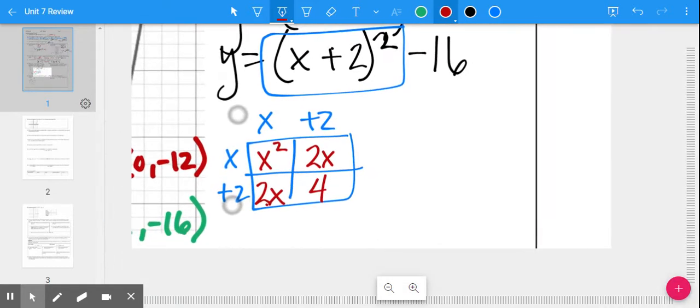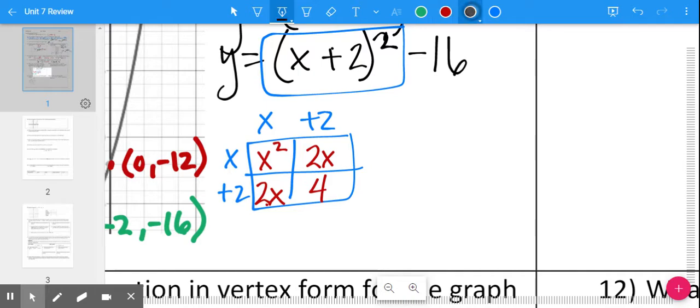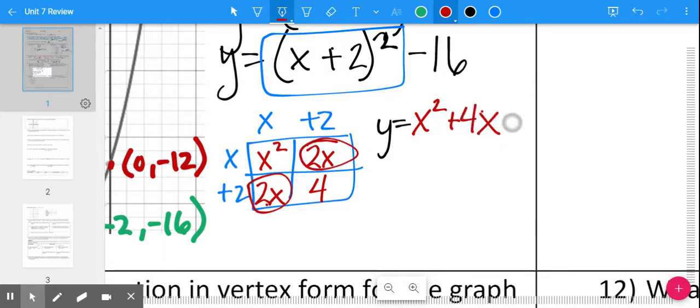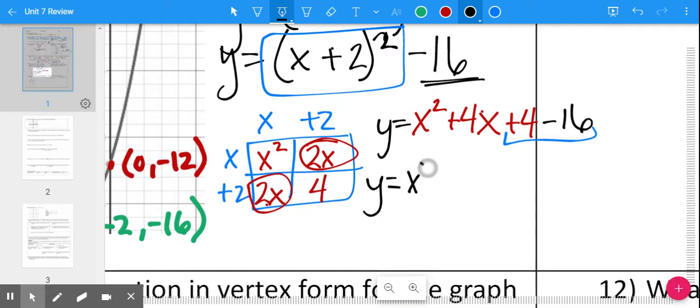So that chunk of that equation becomes y equals x squared plus 4x, from combining your like terms, 2x and 2x, and plus 4, and then don't forget to bring down that minus 16. So when you combine like terms, those two there on the end, we have y equals x squared plus 4x minus 12, and that's your standard form.